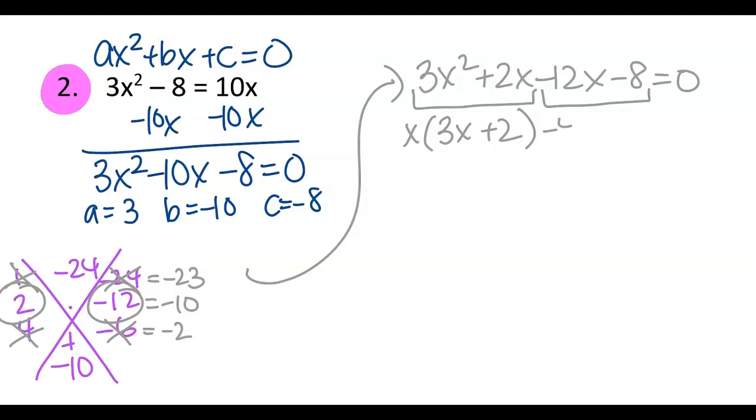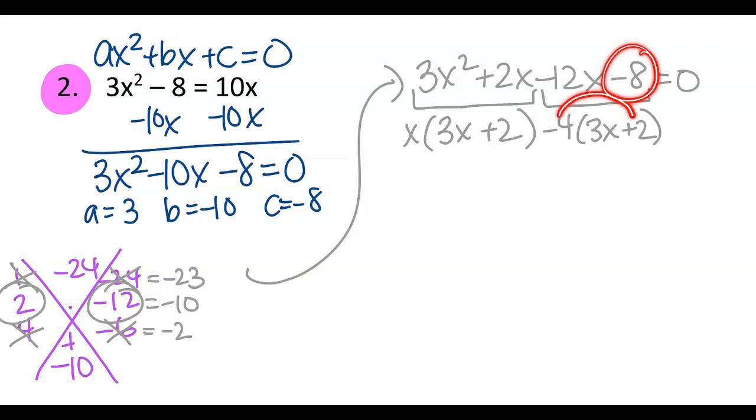So let's factor out a negative 4. That's going to leave in parentheses 4 times 3, which will give me 12. I didn't factor out this x, so I need to copy that x in the parentheses. And then negative 4 times positive 2 will give me a negative 8 here.